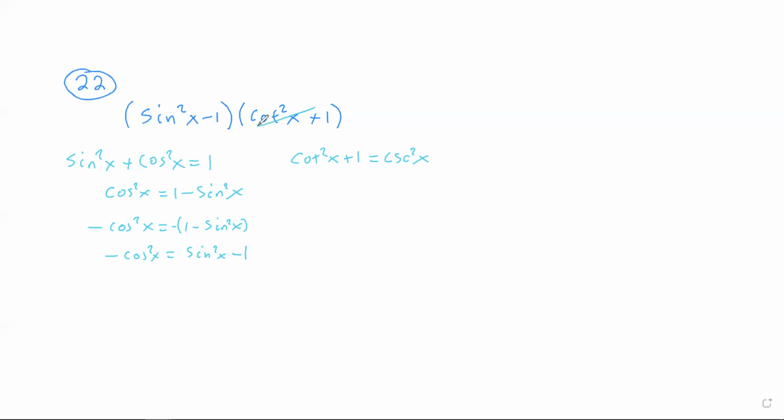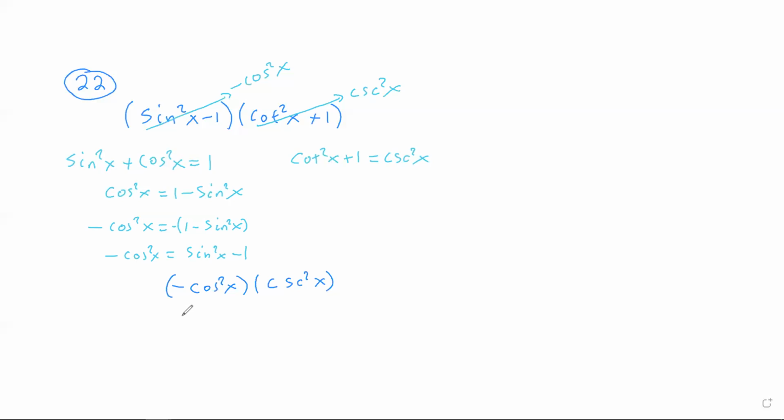So this one here is cosecant squared of x. And this one here is minus cosine squared of x. So that would mean that what we have is minus cosine squared of x multiplied by cosecant squared of x.